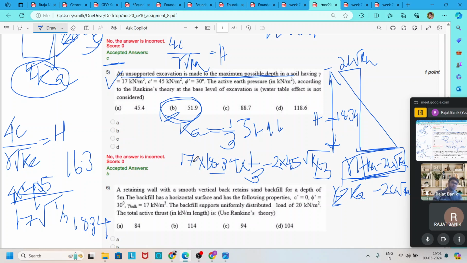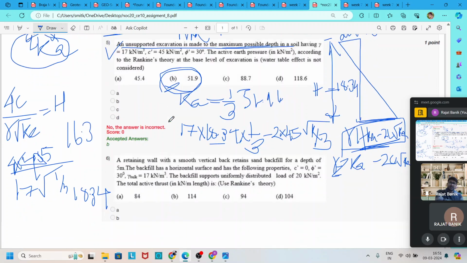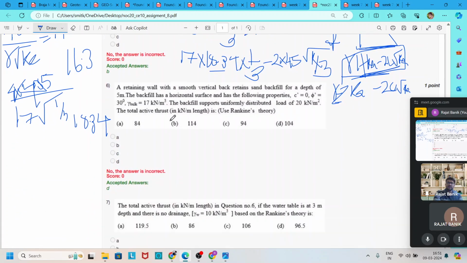Now move on to question number 6. It is said that a retaining wall with a smooth vertical back retains a sand backfill for a depth of 5 meters. The backfill has a horizontal surface and has the following properties: C is equal to 0, phi is equal to 30 degrees, and gamma bulk is equal to 17 kN per meter cube.